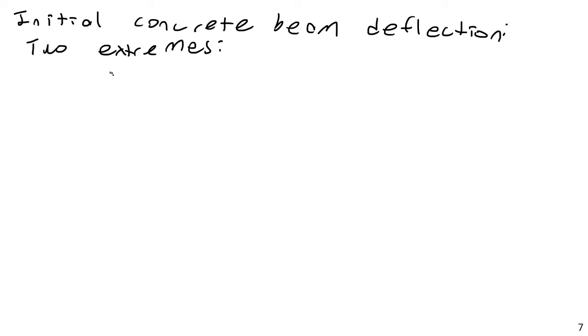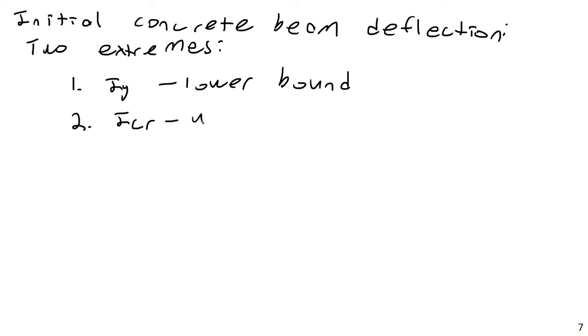One is the deflection from I gross, the I_g, so that'd be kind of a lower bound. And two would be the I cracked, the deflection that you would get from the cracked moment of inertia. And this is the upper bound. This would be a lower bound for delta, the lowest deflection you would get, and this would be the upper bound for delta, the highest deflection you would get.